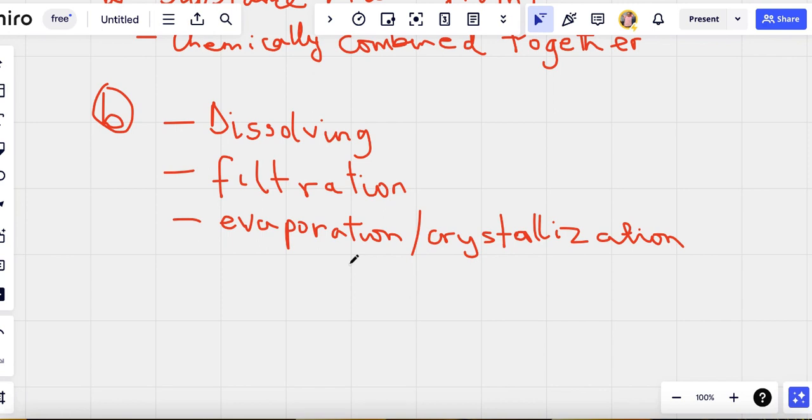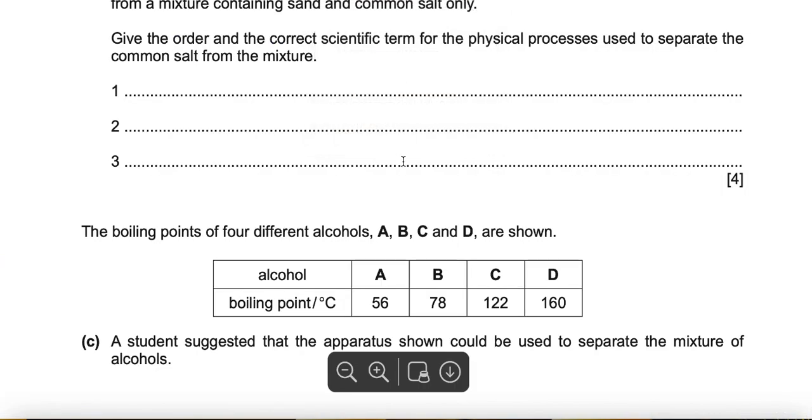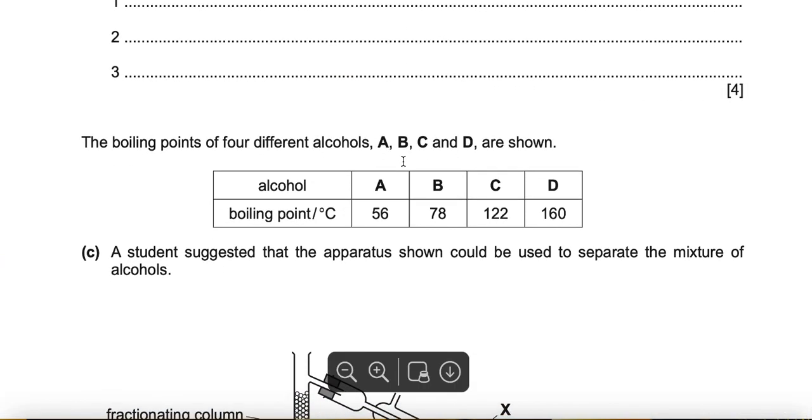So we go to the next question, which is C. The boiling points of 4 different alcohols, A, B, C, and D, are shown. Alcohol A is 56 degrees Celsius. Alcohol B is 78.